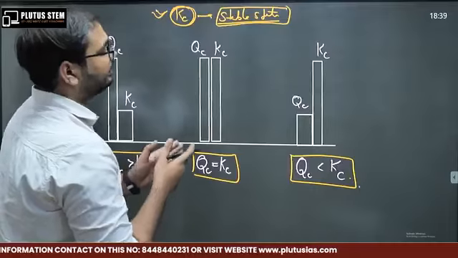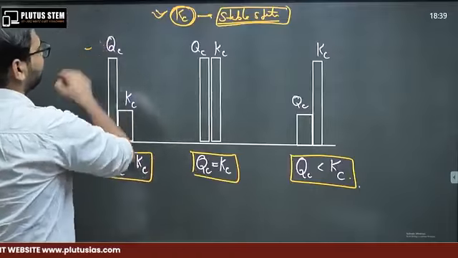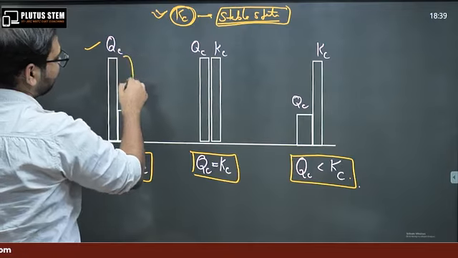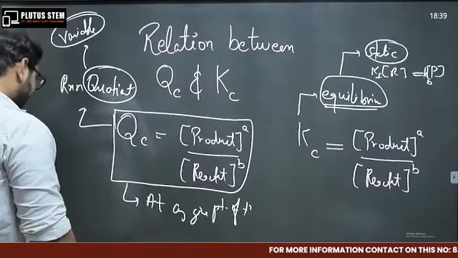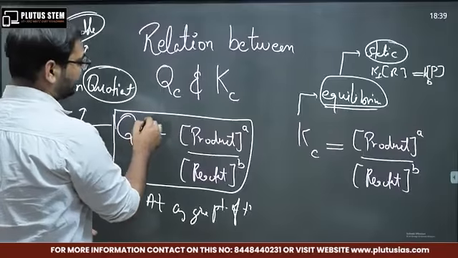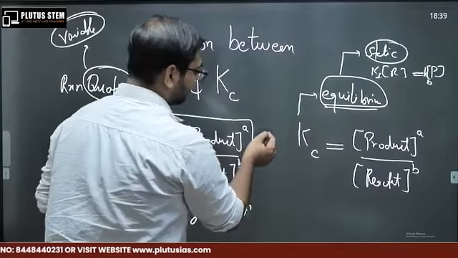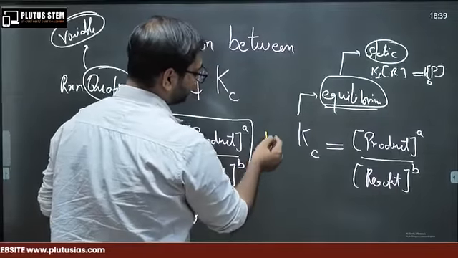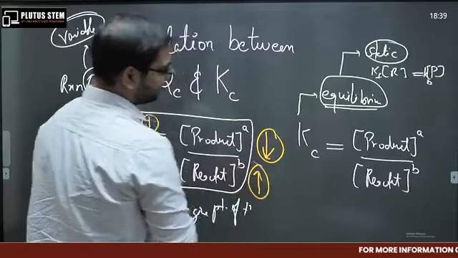Since equilibrium is the most stable state, in which way is it possible that QC can reach a value of Kc? That means in this case I need to decrease the value of QC, and that can be done in two ways. I can either decrease the concentration of product, or I can increase the concentration of reactant.